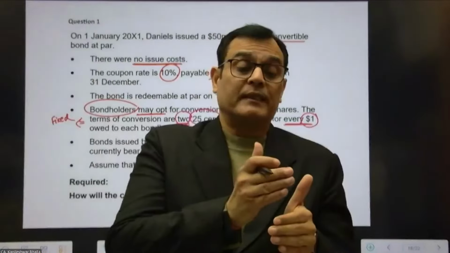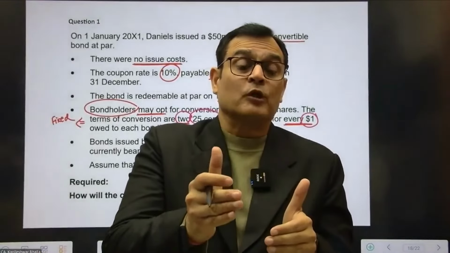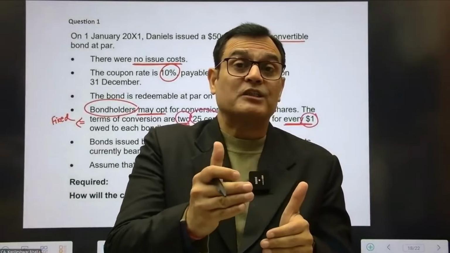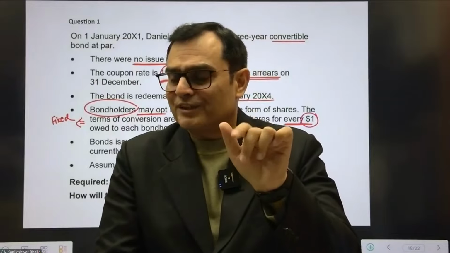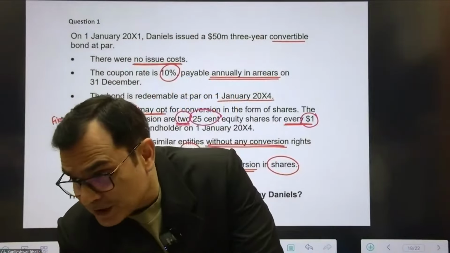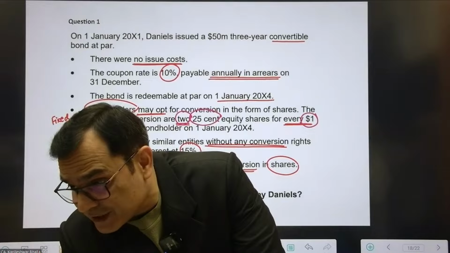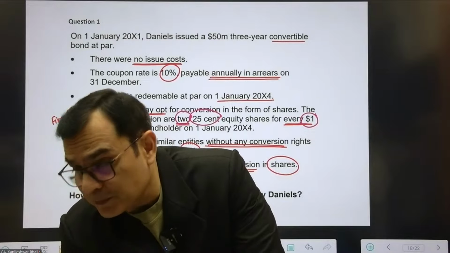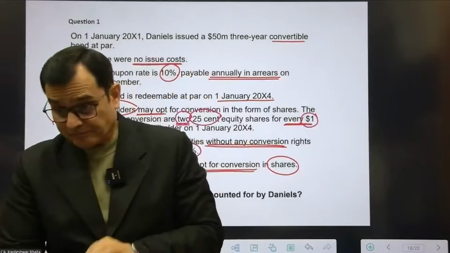So are you telling them that I'll give you 50 paisa payment for 1 rupee, or are you saying 50 paisa is the face value and the rest 50 paisa is the premium? We are saying the second one in this particular case. So we're going to segregate the principal into the face value and the premium.